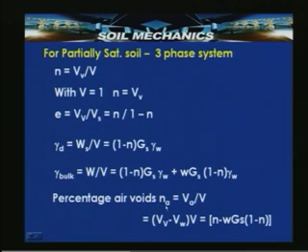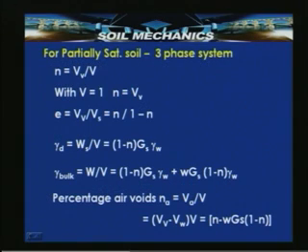Percentage air voids can be deduced: na is equal to volume of air to total volume, which is volume of voids minus volume of water, divided by V, which is n minus w Gs into (1 minus n). So, this is for the case of a partially saturated soil. We have deduced expressions for gamma d, gamma bulk and percentage air voids using the unit volume approach.